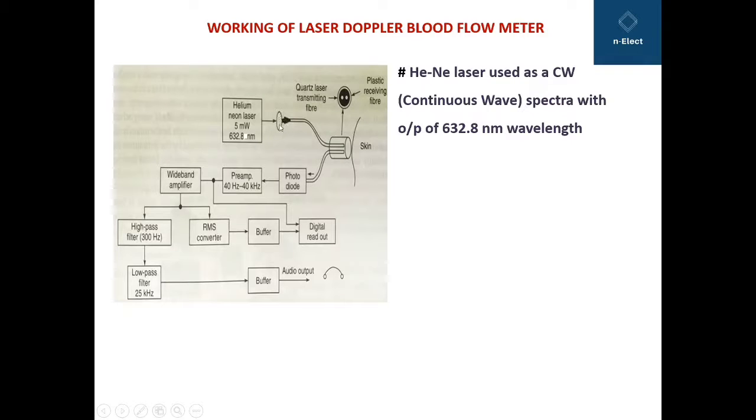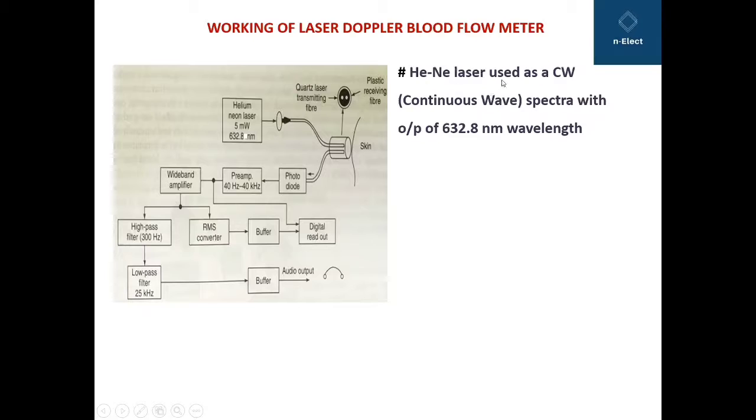This is the lens for the convergence of the light, and this is the photodiode which collects both the beams, shifted and non-shifted frequencies. Then a preamplifier and wideband amplifier amplify the signal, and after processing, the output can be either read digitally or the flow can be heard through this headphone. That we are going to see in this slide.